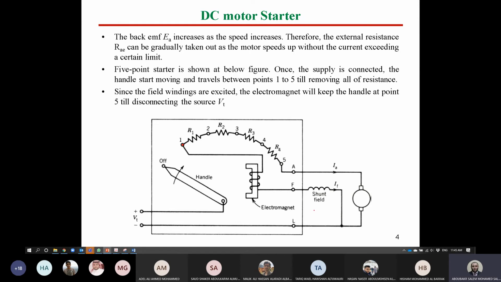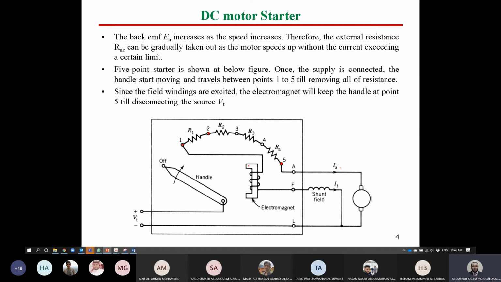As the motor speed increases, the handle is attracted to this core and reduces the resistance by moving to 2, then 3, 4, and 5. At point number 5, the external resistance has been removed from the circuit and the motor continues working at that point. So this is a device called a motor starter.